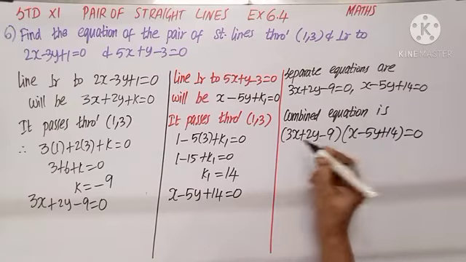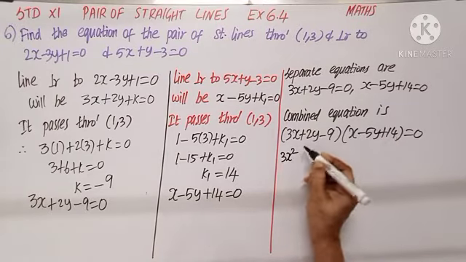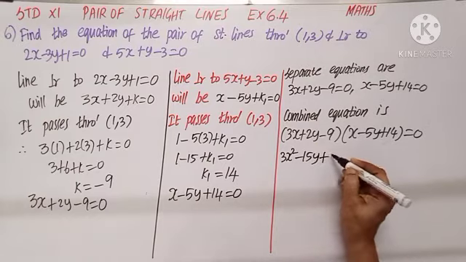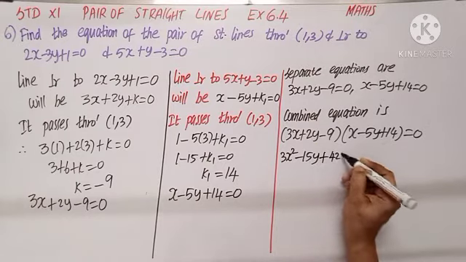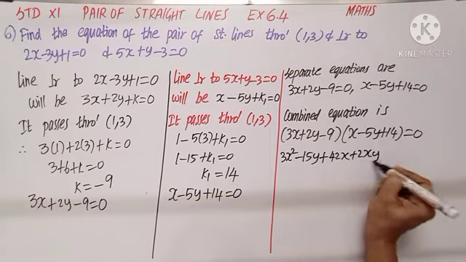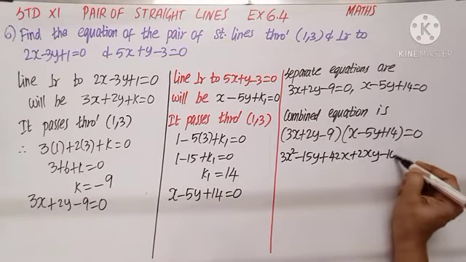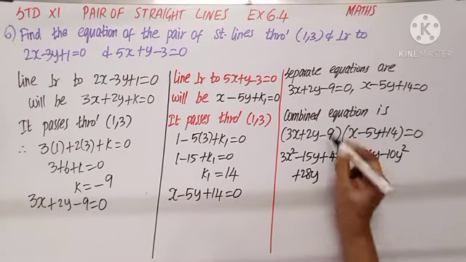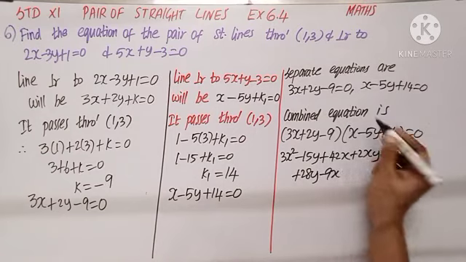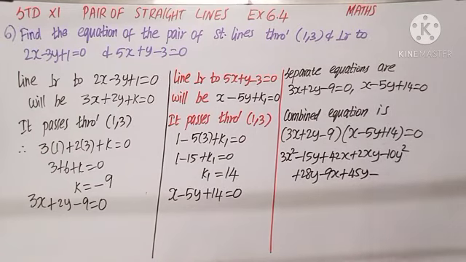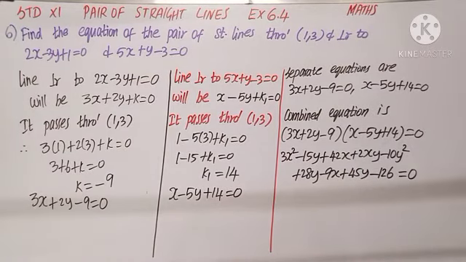As I multiply: 3x into x, 3x into 5y, 3x into 14, 2y into x, 2y into minus 5y, 2y into 14, minus 9 into x, minus 9 into minus 5y, minus 9 into 14 equals 0.